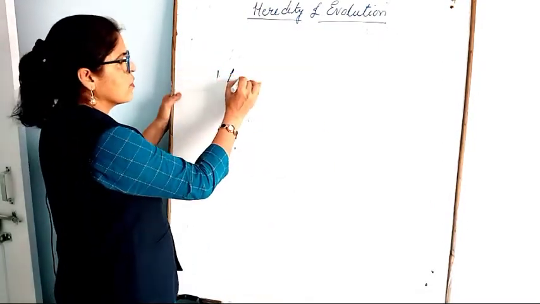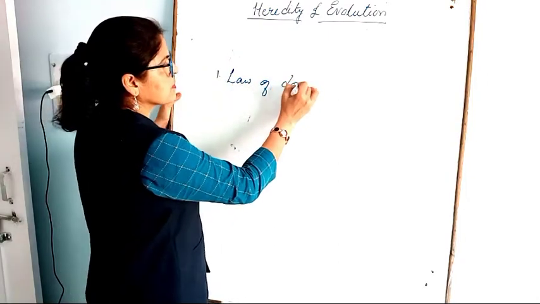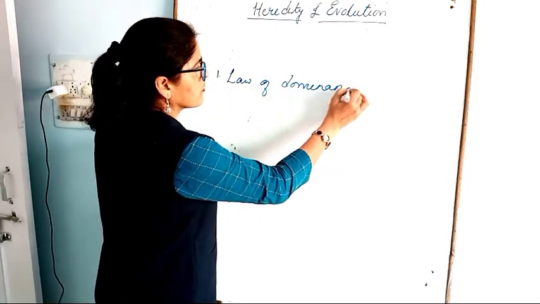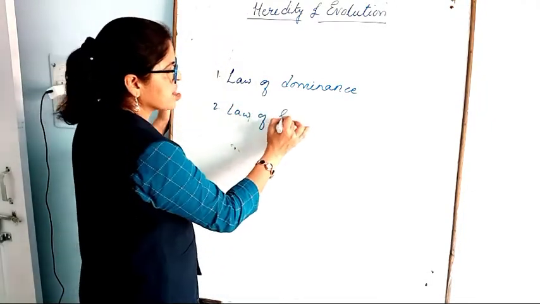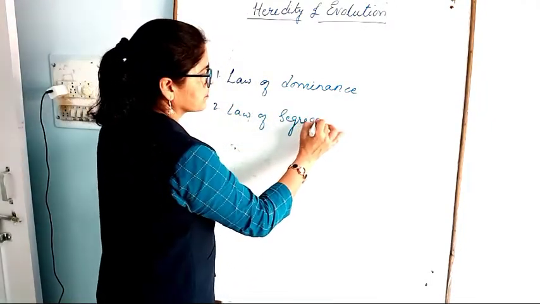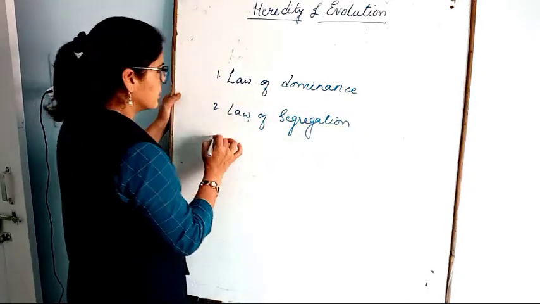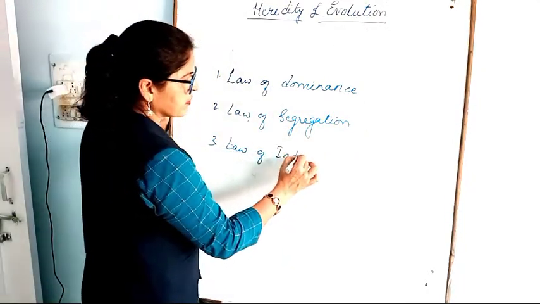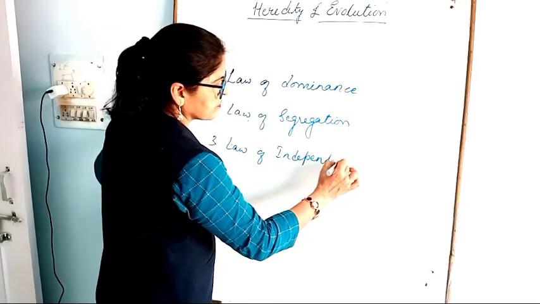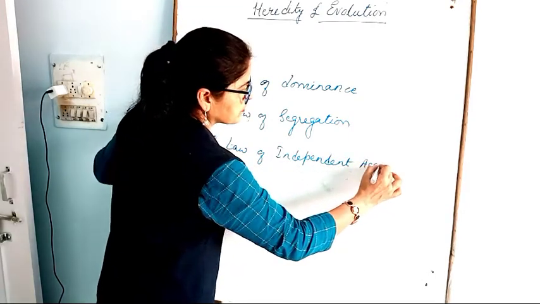First is the law of dominance. Second is the law of segregation. And third is the law of independent assortment.